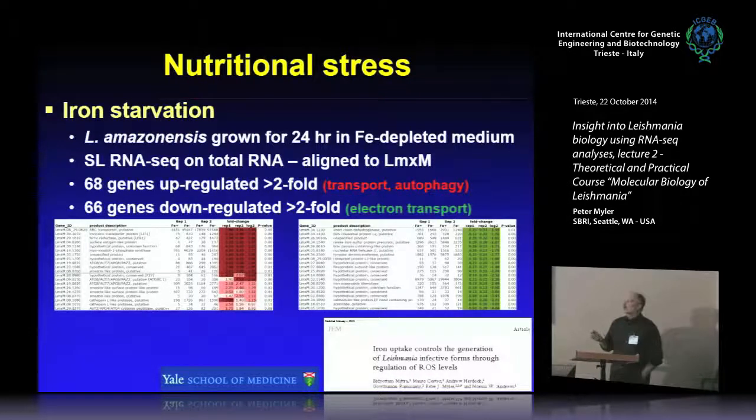But it's a very small number. I mean, it's only 60 genes up and 60 genes down. So this really, I think, was a nice way of finding this. Norma had already shown that these two genes here had been upregulated in the absence of iron.